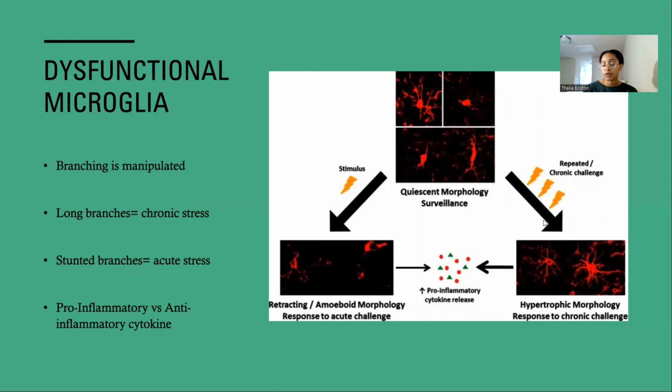If you look to the right arrow, this is a different type of stress, chronic stress, like we talked about before. It's different than acute stress, as the branches don't shrink and actually elongate and become even more ramified than before, which is a problem because it also releases an abundance of pro-inflammatory cytokines. To sum up, long branches equal chronic stress and stunted branches equal acute stress.